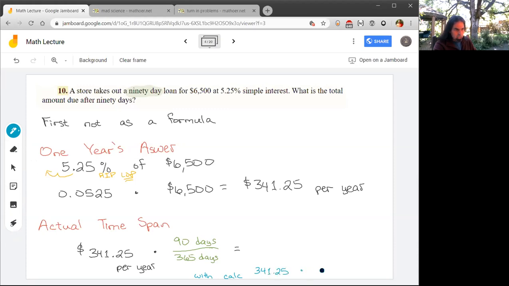I'm going to multiply by 90 and then divide it by 365 because fraction bars are like division. So 341.25 times 90 divided by 365 gives me 84.14.